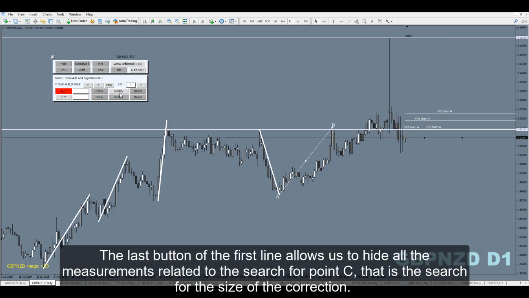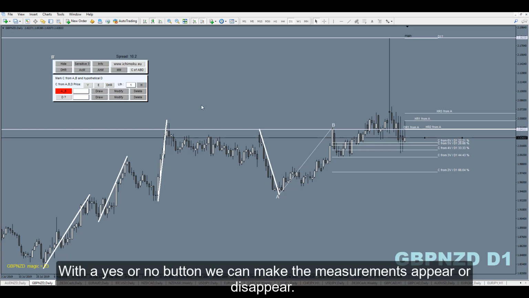The last button of the first line allows us to hide all the measurements related to the search for point C. That is the search for the size of the correction. With a yes or no button, we can make the measurements appear or disappear.